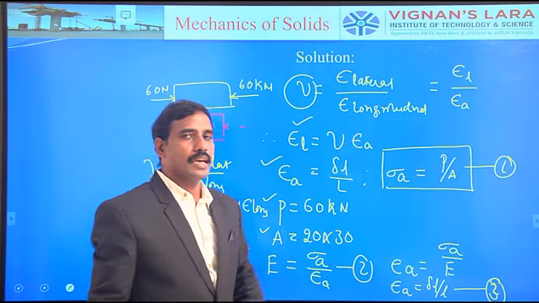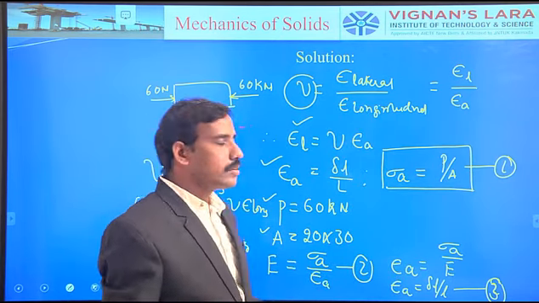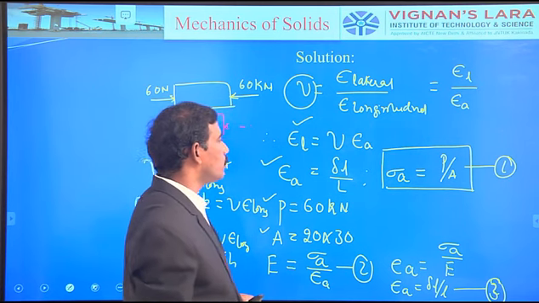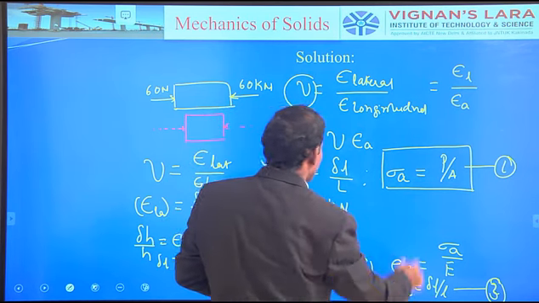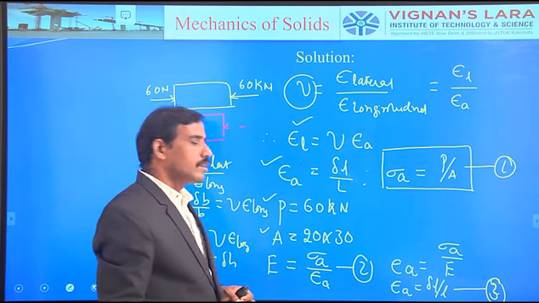For that, we use the stress strain relation. Initially we calculate the longitudinal stress, sigma A is equal to P by A. We know the load, that is 60 kilonewtons, and the cross-sectional area, that is 30 by 30.